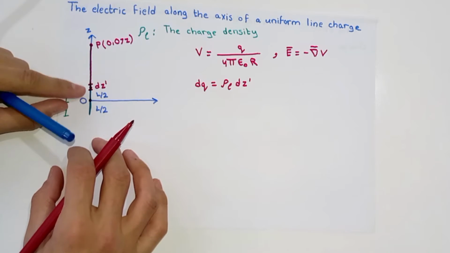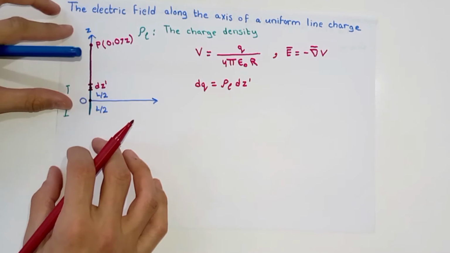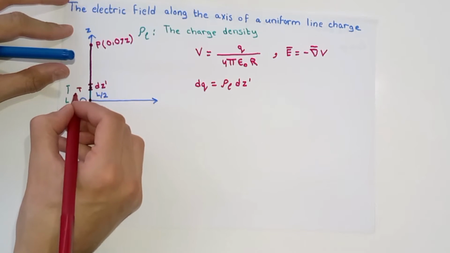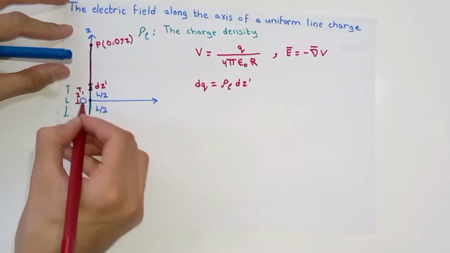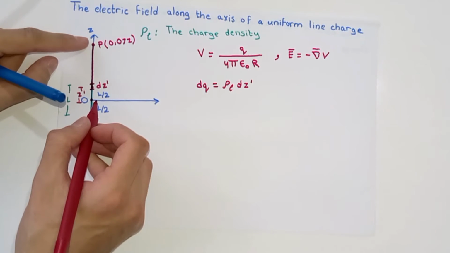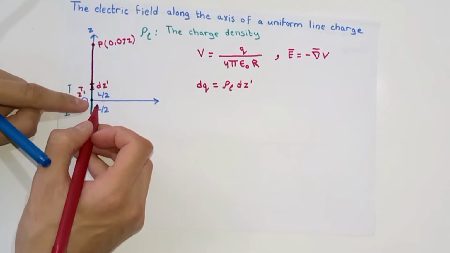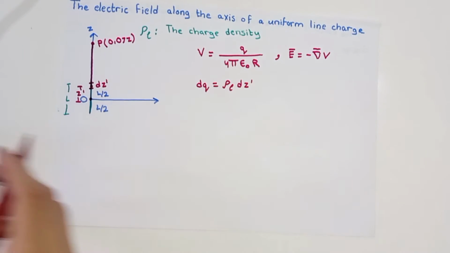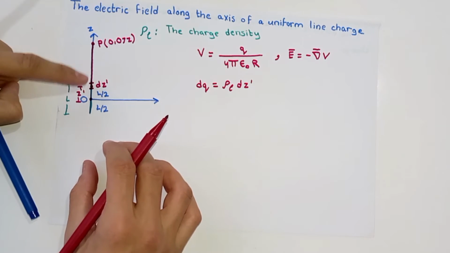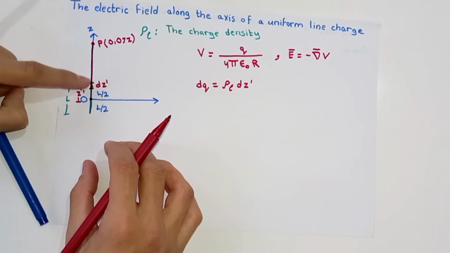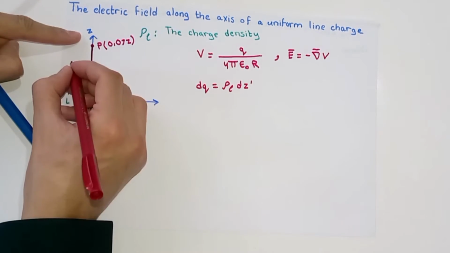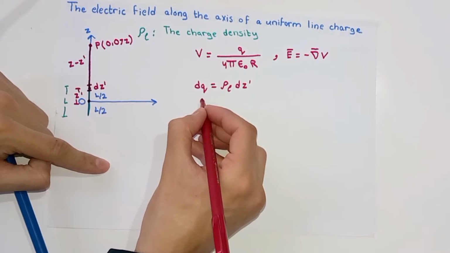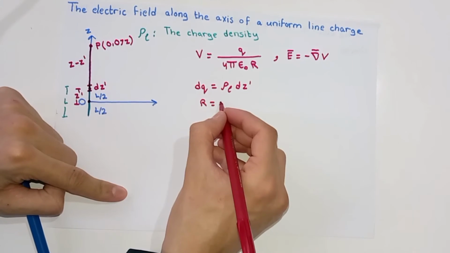Let's say that the distance between this differential line and the origin is z primed. This is z primed, and the distance between this point and the origin is z, according to the coordinates that we determined before. So the distance between the point and the differential line is z minus z primed. So R is equal to z minus z primed.